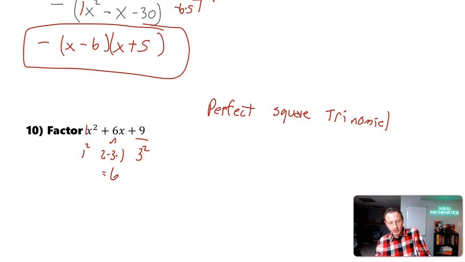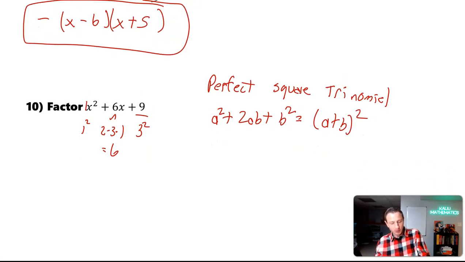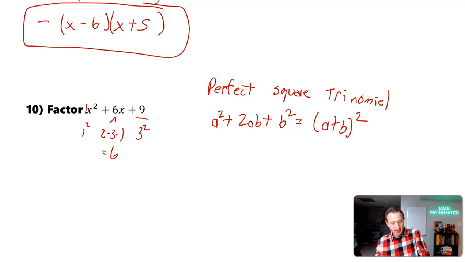Perfect square trinomials are when we have the form of a squared plus 2ab plus b squared. That is just going to be equal to a plus b squared. So in this example, I have my a term being 1, my b term being 3, because 1 squared is 1, 3 squared is 9, and then if I do 2 times 3 times 1, I get back 6.